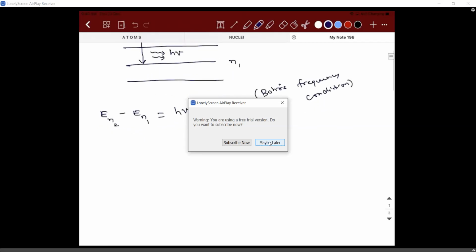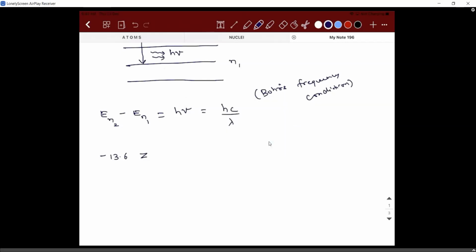Right. What is En? Just now we derived it: minus 13.6 Z square divided by N2 square, minus the second term, minus 13.6 into Z square divided by N1 square. Can I write it like this?